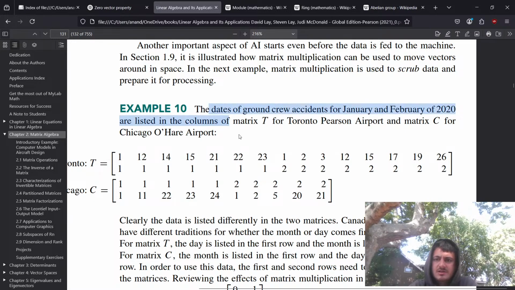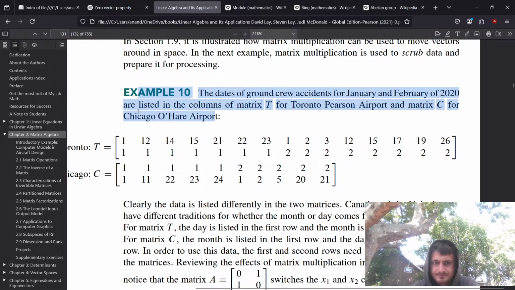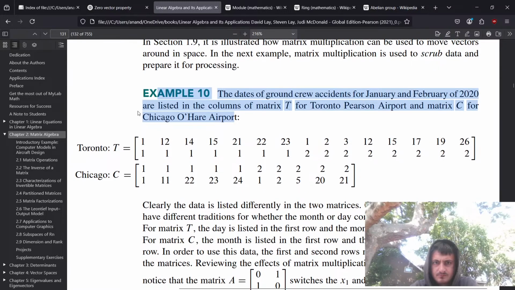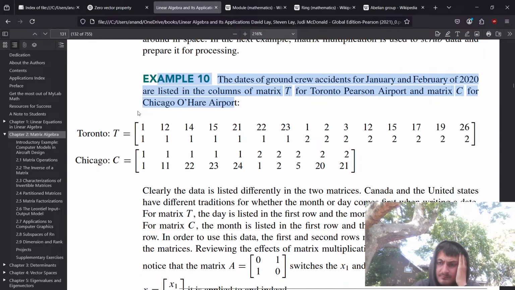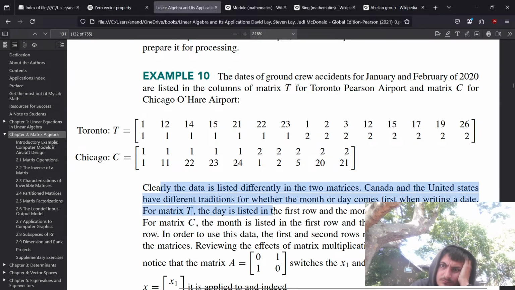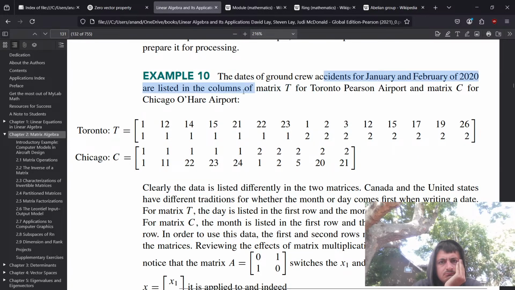The dates of ground crew incidents for February and January of 2020 are listed in the... Oh, these are just dates?